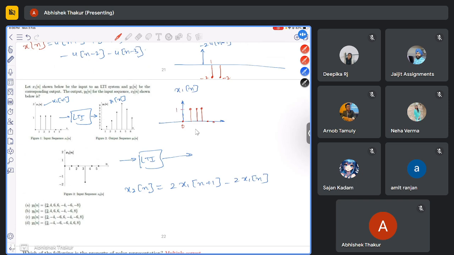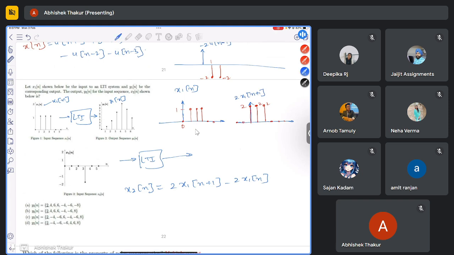This is 1. Now 2 of x1 n plus 1. So this is n plus 1, so it will start 1 unit before, so it will become 2, 2, 2, 0, 0, 0, and this will be 0.